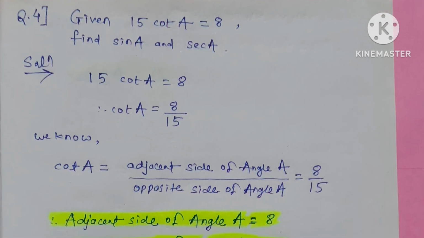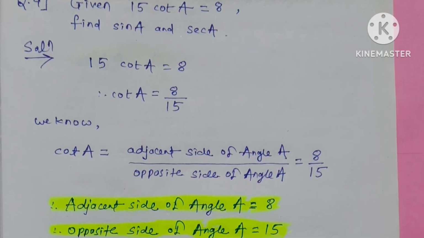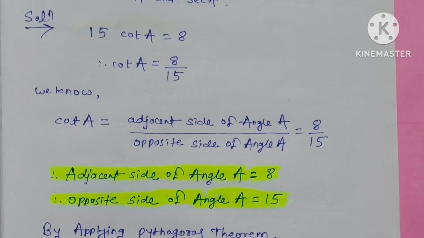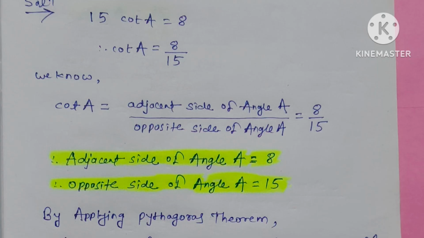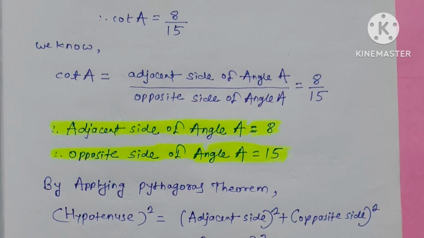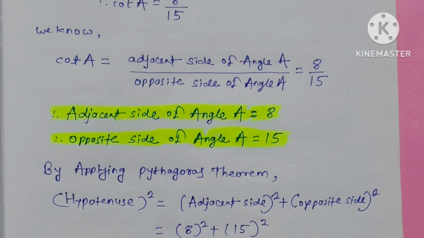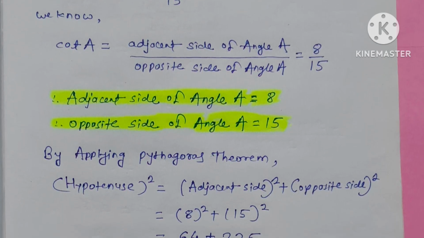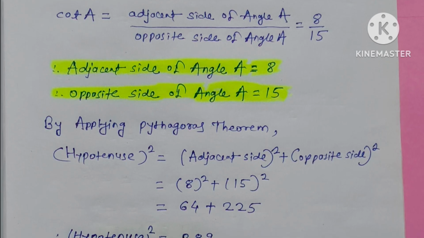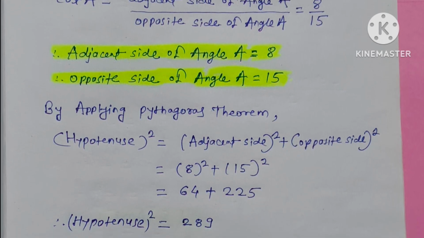Question number 4, given 15 cot A is equal to 8, we have to find the sin A and sec A values. So 15 cot A is equal to 8 means cot A is equal to 8 by 15, and we know the formula of cot, that is adjacent side upon opposite side of the given angle. Using the same formula we got the two sides.